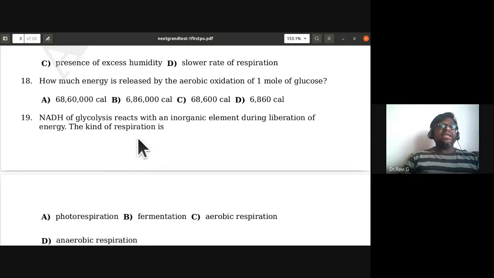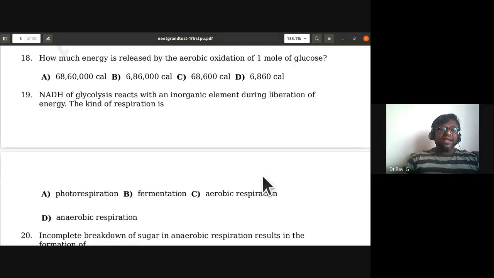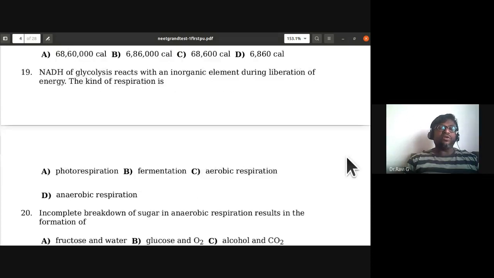Okay. NADH of glycolysis reacts with an inorganic element during liberation of energy. So NADH, which is obtained during glycolysis, reacts with an inorganic element during liberation of energy. What type of respiration is it going to be?